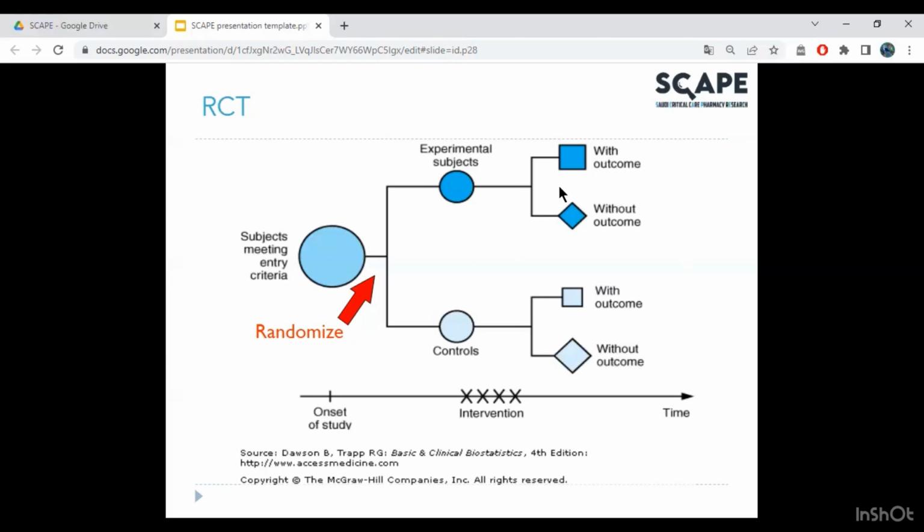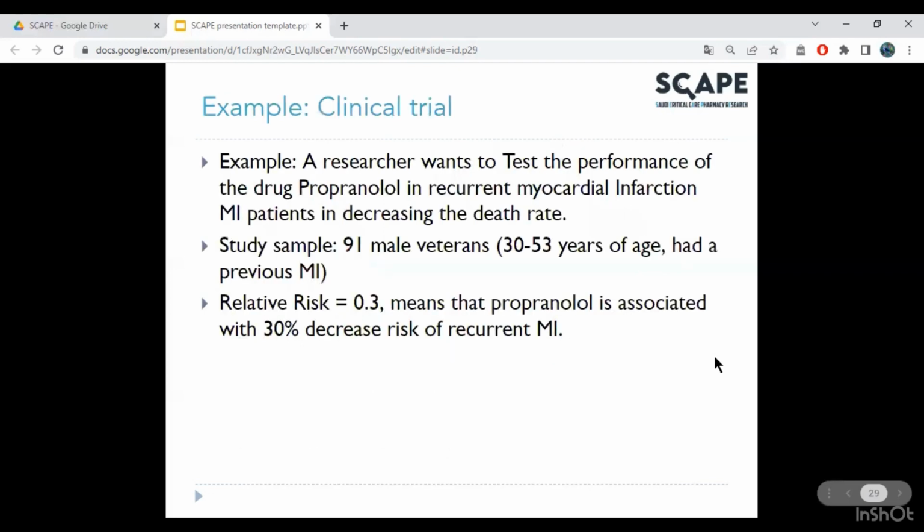So we follow both groups until we reach the final outcome. Then we can estimate the risk of the outcome. Here is an example of a clinical trial. The researcher wants to test the performance of the drug propranolol in recurrent myocardial infarction and in decreasing the death rate. The sample was 91 males from 30 to 53 years of age.